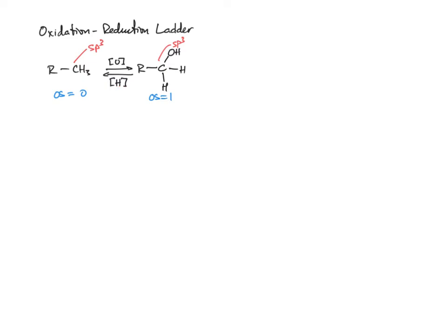Now, if we further oxidize this carbon, you're going to see we remove the elements of H2. So we remove H2. This gets a second bond or a pi bond between that carbon and that oxygen. So the oxidation state goes up to 2.